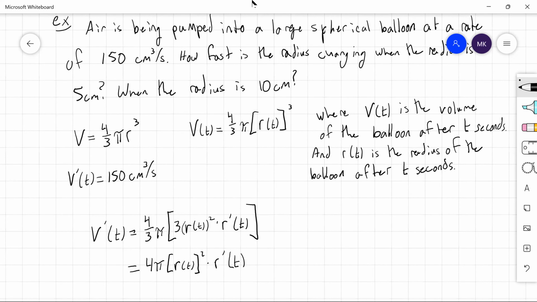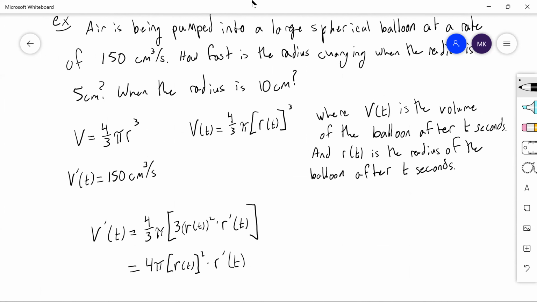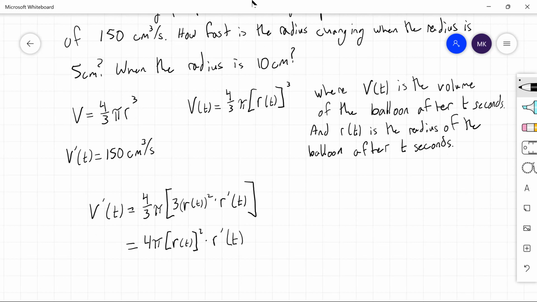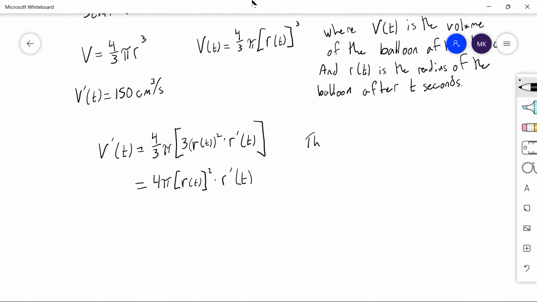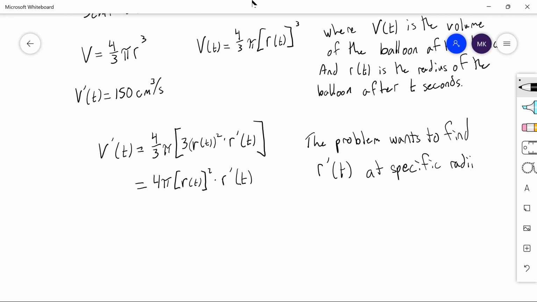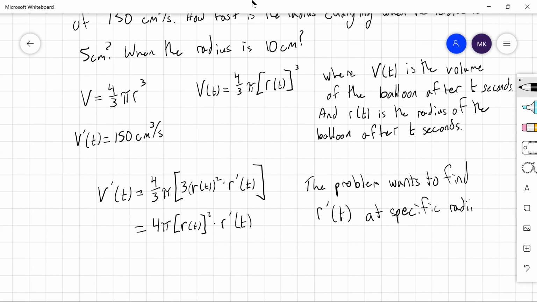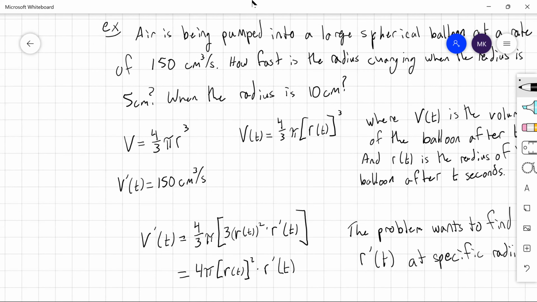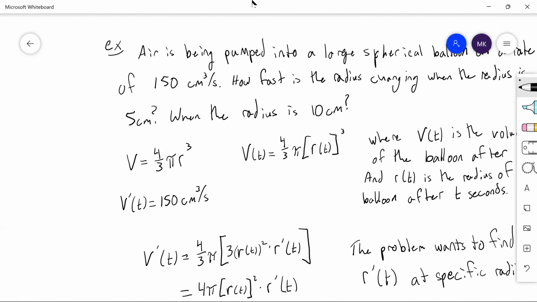So with what we have here, we can solve, right? Remember the question is asking us how fast the radius is changing when the radius is 5 centimeters and when the radius is 10 centimeters. So the problem wants to find r prime of t at specific radii, plural of radius.